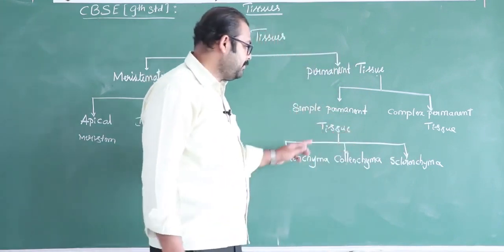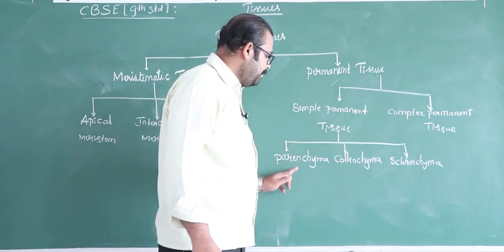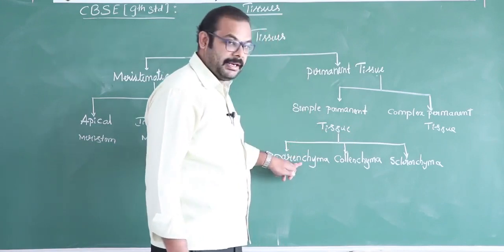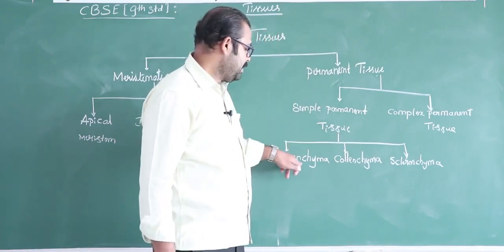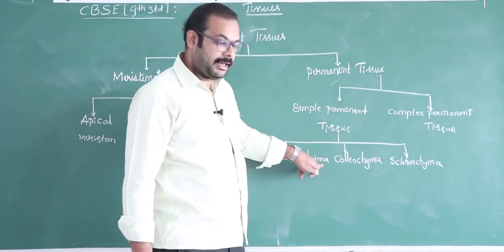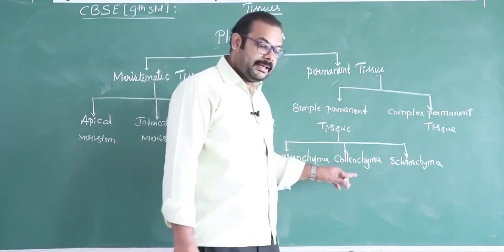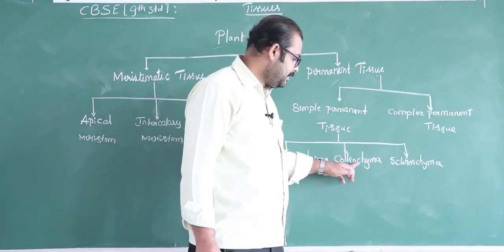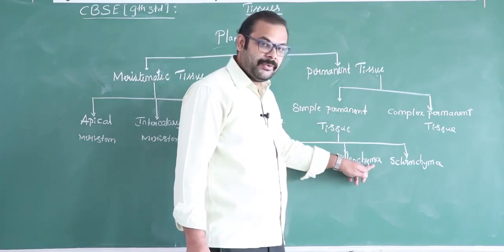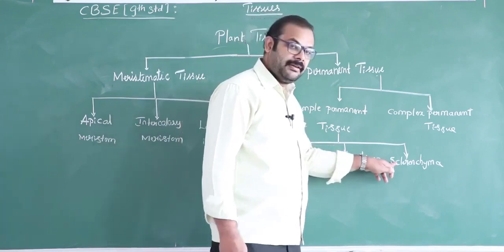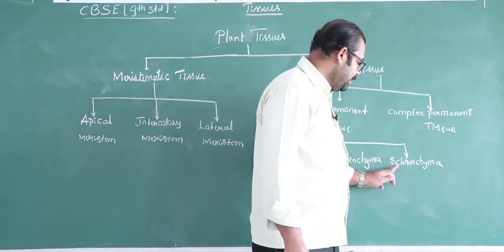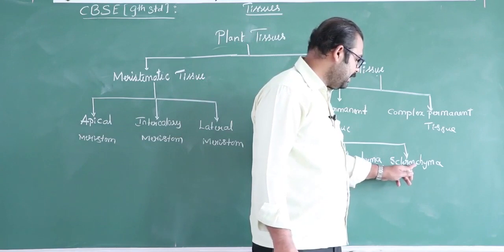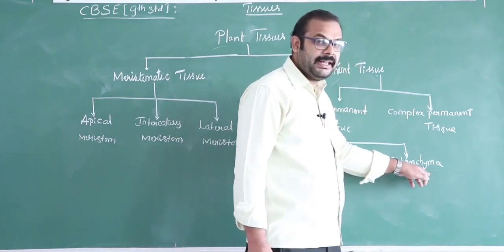Simple permanent tissue is further categorized into parenchyma, P-A-R-E-N-C-H-Y-M-A, parenchyma. Then the second type, collenchyma, C-O-L-L-E-N-C-H-Y-M-A, collenchyma. Then the third one, sclerenchyma, S-C-L-E-R-E-N-C-H-Y-M-A, sclerenchyma.